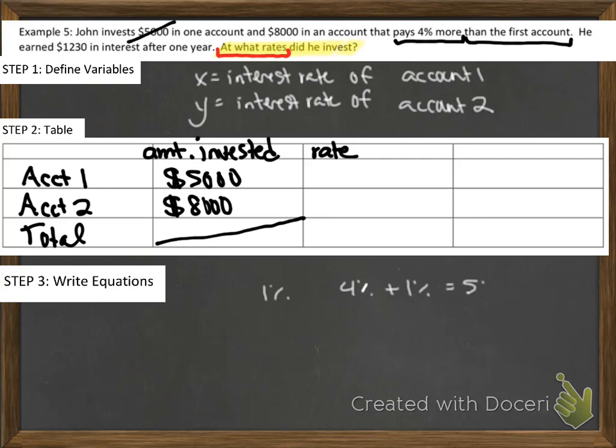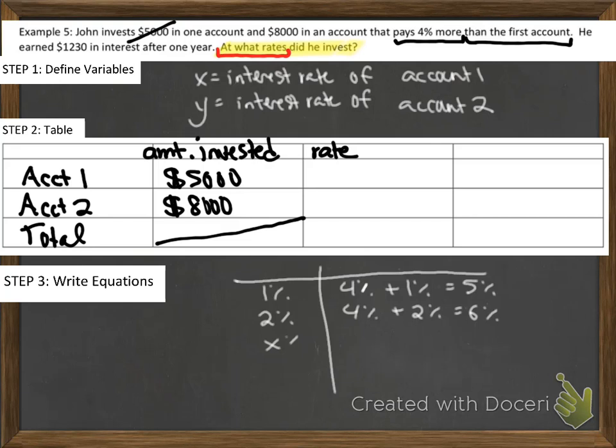Well, that would be 5%. If the interest rate on my second account was 2%, and this is 4% more, that would be 4 plus 2%, or 6%. So if this is x percent, this would be 4% plus x percent. So this is literally just x plus 0.04.